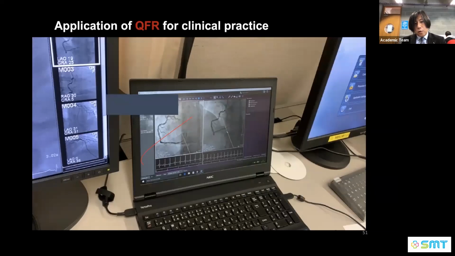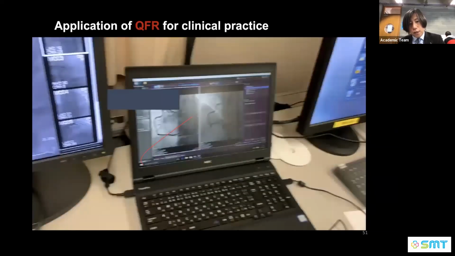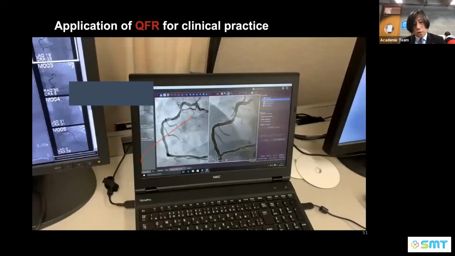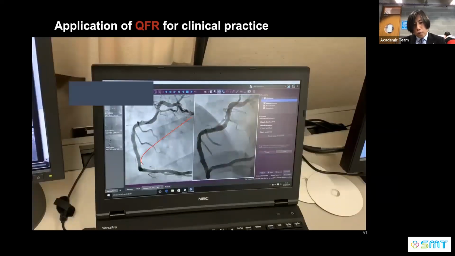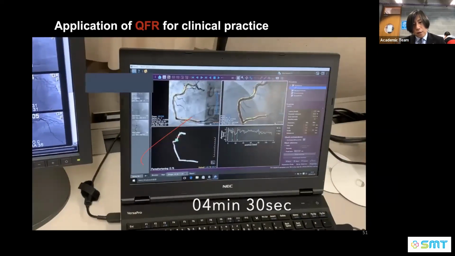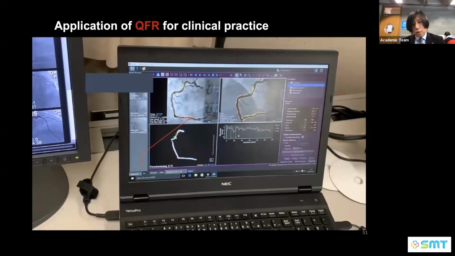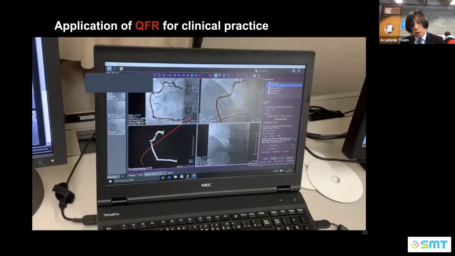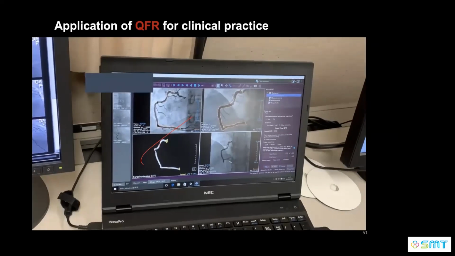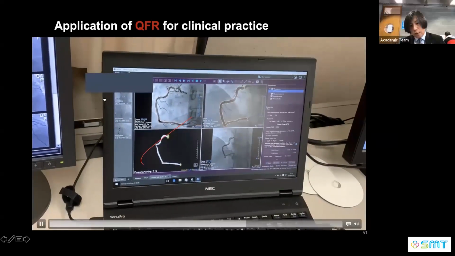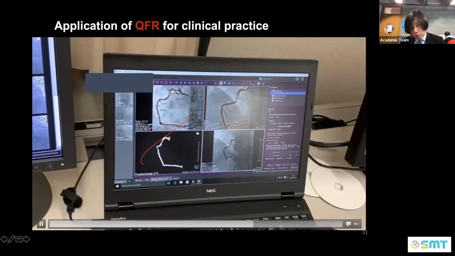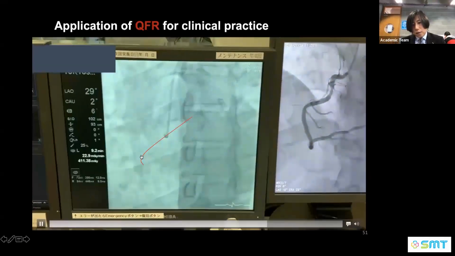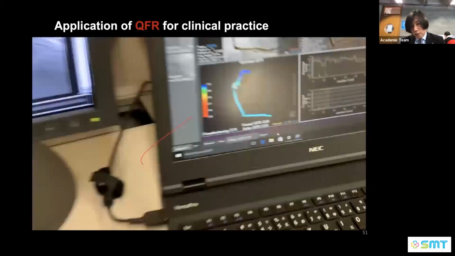When we really want to use this in the cath lab, the most important part is to acquire good angiography with two projections at least 25 degrees apart from each other. That is the most important requirement for this angiography. You see this is now a 3D reconstruction of the right coronary artery converted into the QFR, and it's not a significant QFR.